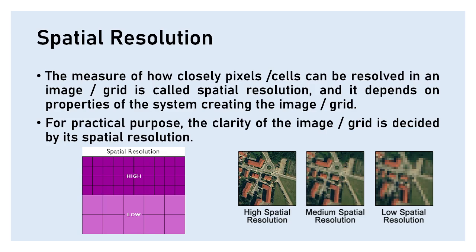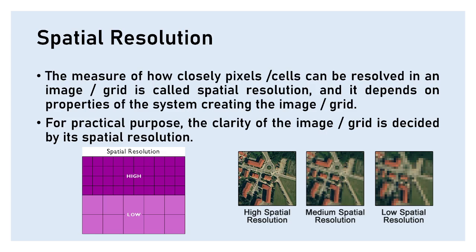So in simple terms, what I'm trying to say is, I think this image will be easier for you to understand. The clarity of the image or grid is decided by its spatial resolution.